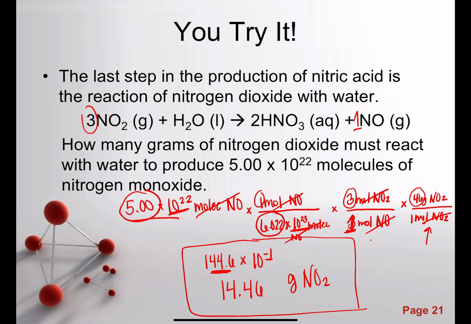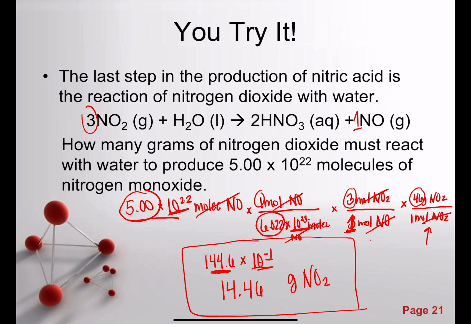If you divide scientific notation, what you actually do is just subtract the exponents. So 22 minus 23 gives me 10 to the negative 1. So 144.6 times 10 to the negative 1. So truly, to express that in the easiest way, you would write it as 14.46 grams of nitrogen dioxide.